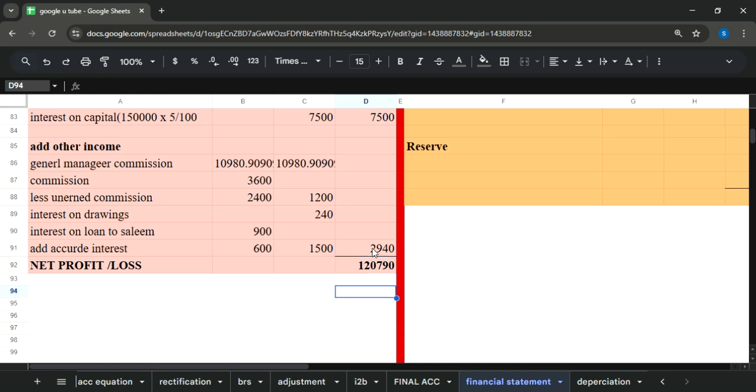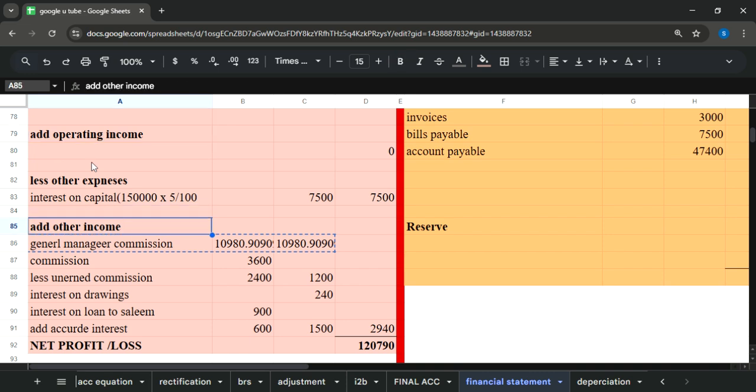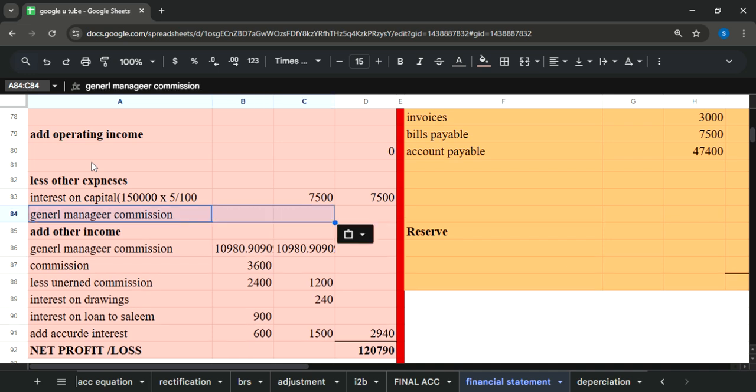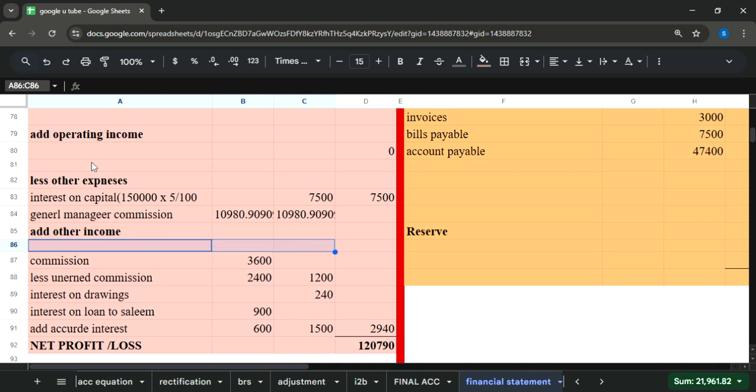Now look at here, this was your net profit where commission was not charged. Now you have charged your commission, it means your net profit would decrease. Oh, we have written it in other income, it was actually other expense. Here you will mention it, and this was not the place, and I need to correct the spellings as well.